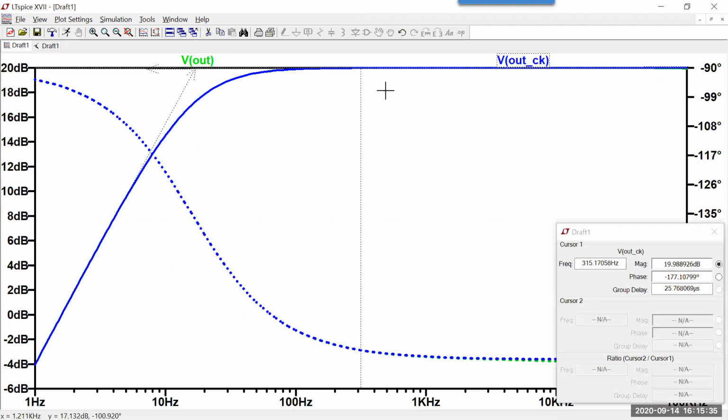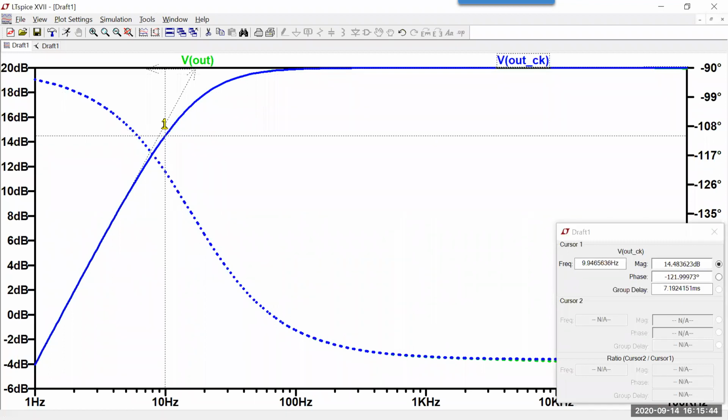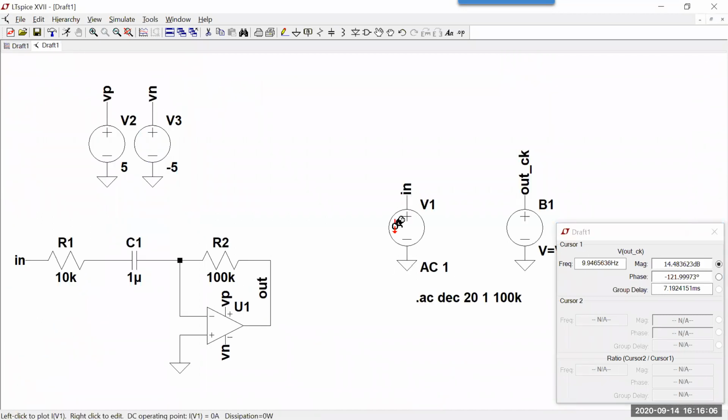But what I wanted to show you before you leave is let's just take a point. Let's just take 10 Hertz. And the magnitude is 14.4 dB. And the phase is minus 121.